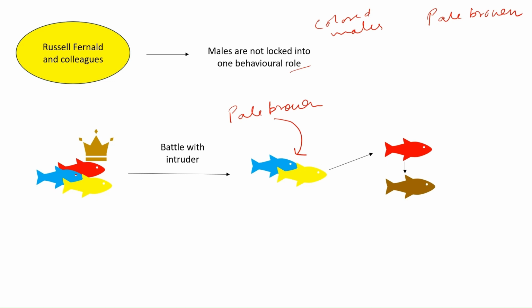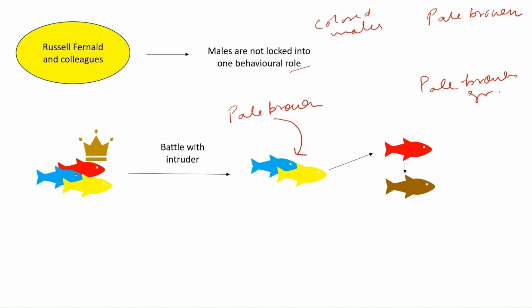Because now the owner is expelled from the territory, it is no longer part of this colored group. Now this fish has to enter the pale brown group because it is no longer part of this territory. The fish has been expelled.